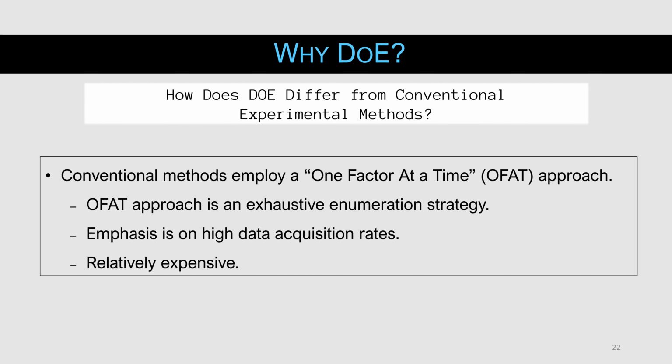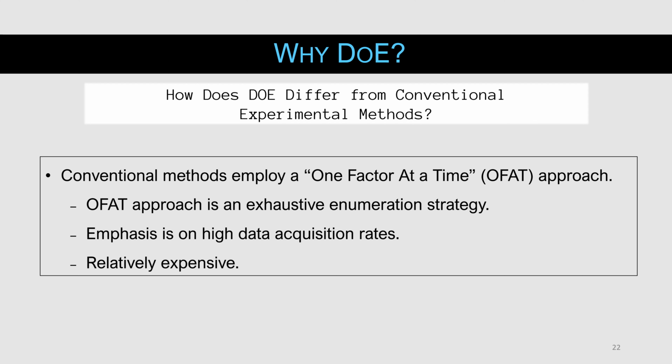Okay, let's talk a bit about how DoE differs from conventional experimentation. Conventional experimental methods typically employ the one factor at a time approach, or what's called the OFAT approach. This is an exhaustive enumeration strategy in which a large number of independent variable combinations are systematically configured.